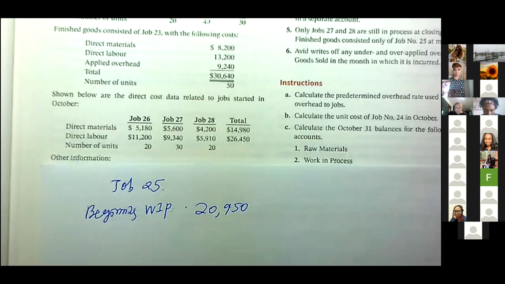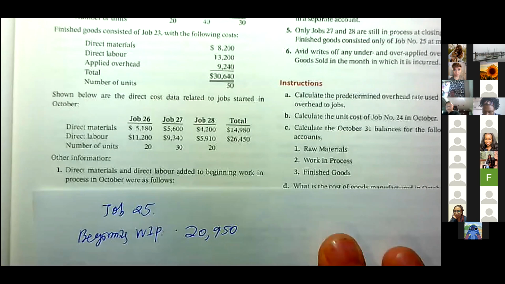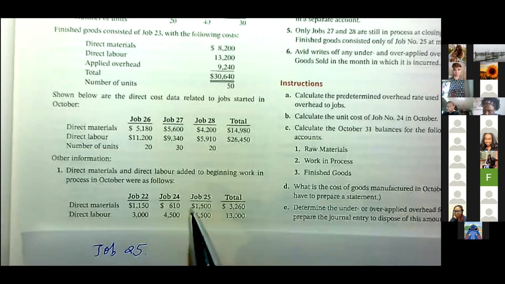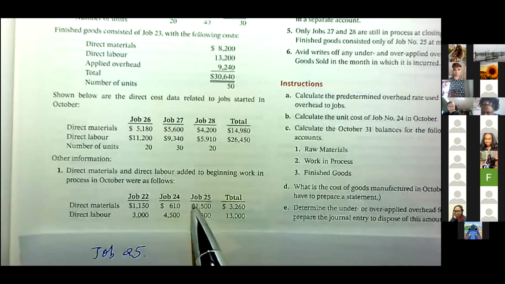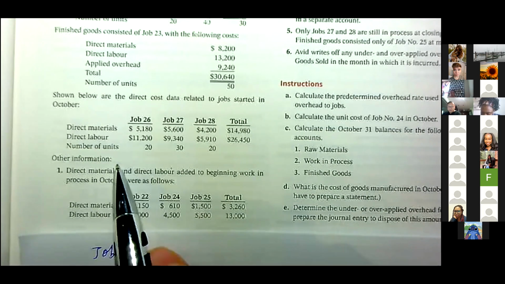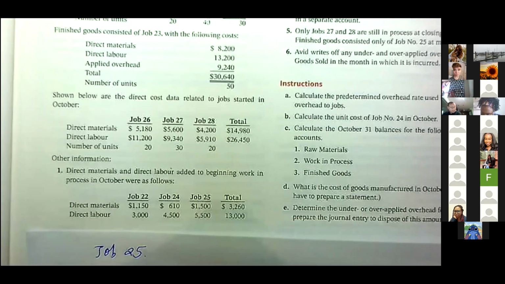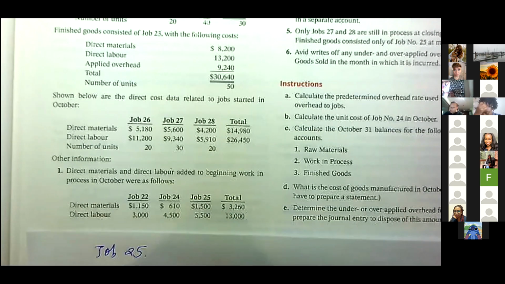Okay, so this is the beginning, that will be the 20,950. We know that's the opening. And then in October, they have new materials and labor added to the beginning inventory, so we have some additional cost.